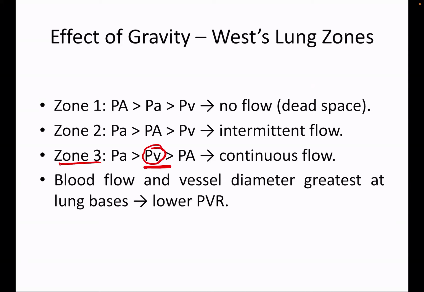So these venules actually contribute to the PVR. Blood flow and vessel diameter are greatest at the lung bases, that is zone 3 mostly, and so it will have lower PVR.